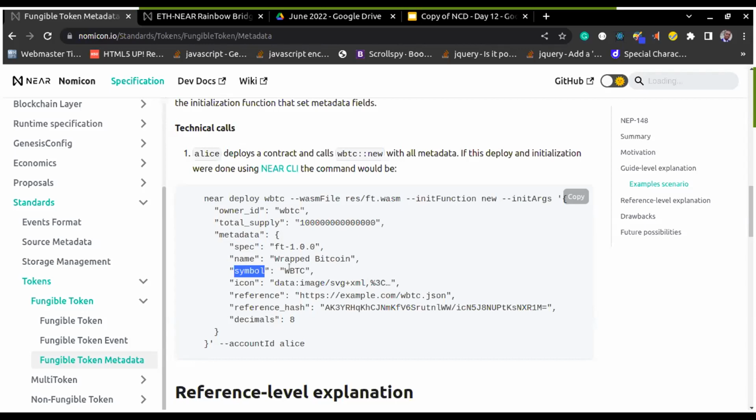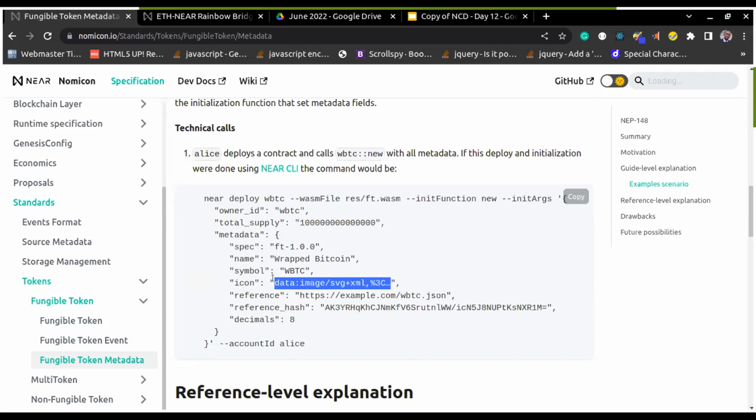So like for NEAR token, we have N with a circle, right? N engraved in a circle, so something like that. So in this case, we have this as the symbol, WBTC, and then the icon. Icon is basically the image that is going to be used to identify your token.